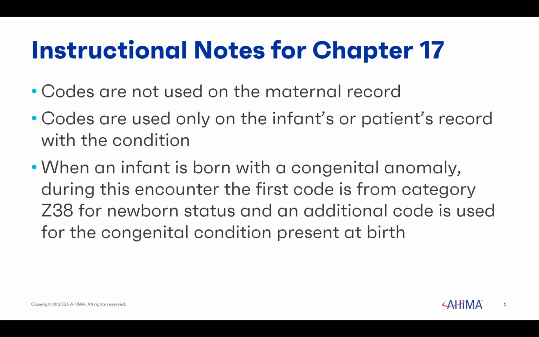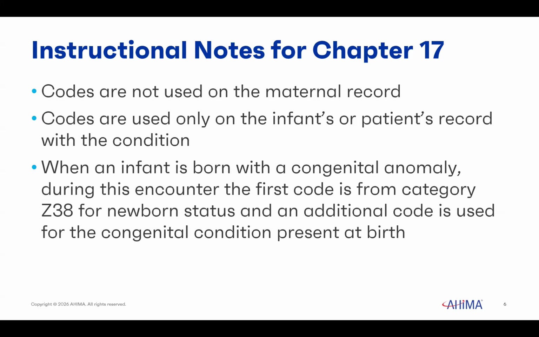Here are some very important things to keep in mind. I'd like you to pay attention to these slides. They contain high-yield exam and real-world rules. First rule, never code these on the maternal record. These congenital anomaly codes are only used on the infant's or the patient's record.